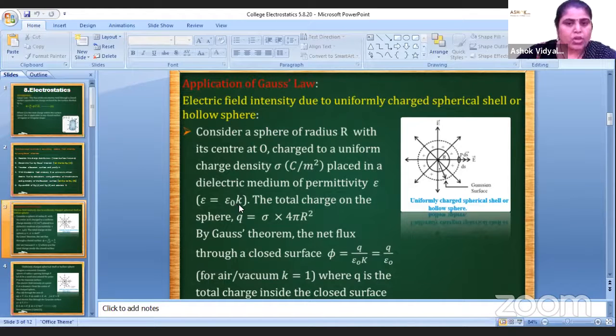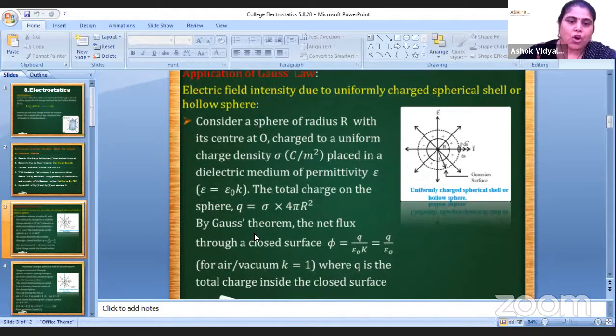Therefore, the total charge on the sphere, rearranging the terms, we get Q is equal to sigma into 4 pi r square. Once again, see how we obtain this equation. We obtain this equation with the help of sigma. Sigma, that is the charge density, is equal to charge per unit area. So for charge, we have made this equation with the help of this charge density.